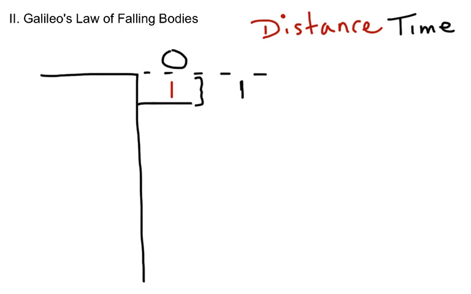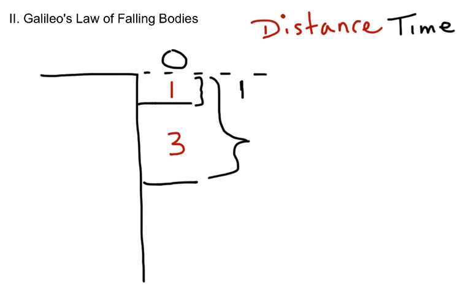In red, we'll use for distance, and let's use the color black for time. So after the first unit of time, the object would then fall 3 units of distance, represented right here. And in red, we'll show you 3.